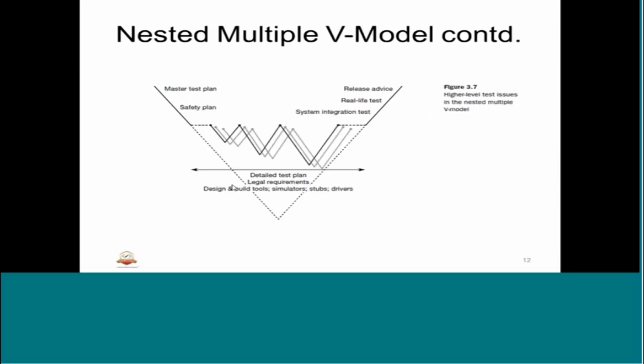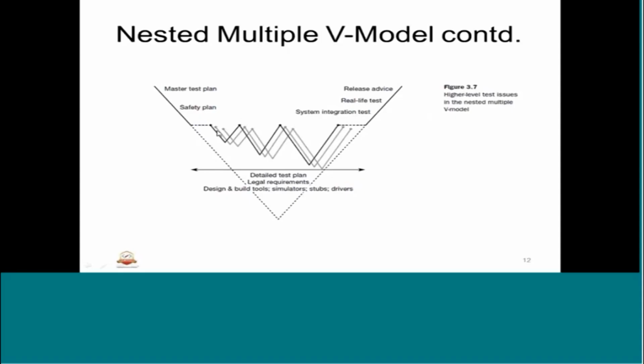With the help of this, you can see at the bottom the detailed test plan, legal requirements, design and build tools, emulators, stubs, etc. All this will be underneath. That means this is common.